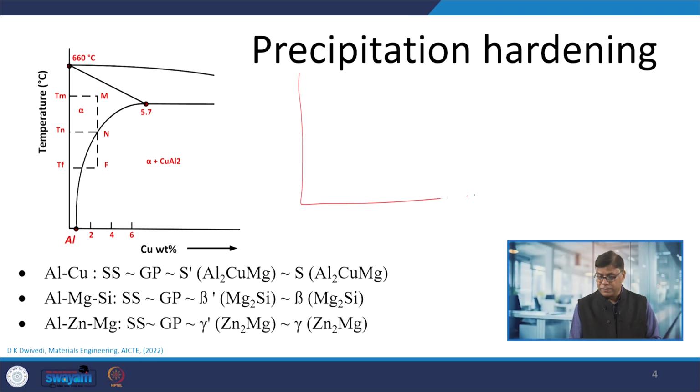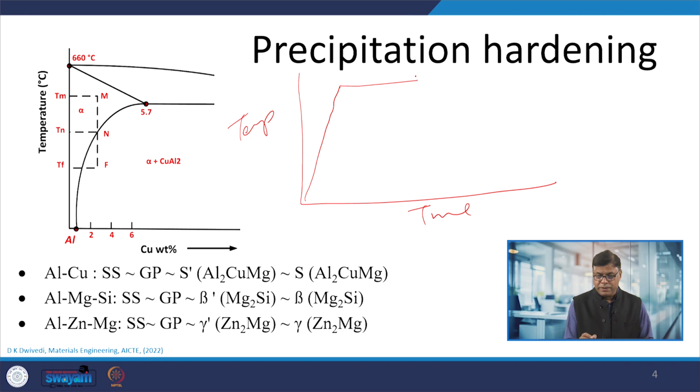So, how is it realized? For that we follow a typical heat treatment cycle, which involves heating first to a high temperature, then holding at that temperature for some time, and then quenching very rapidly.